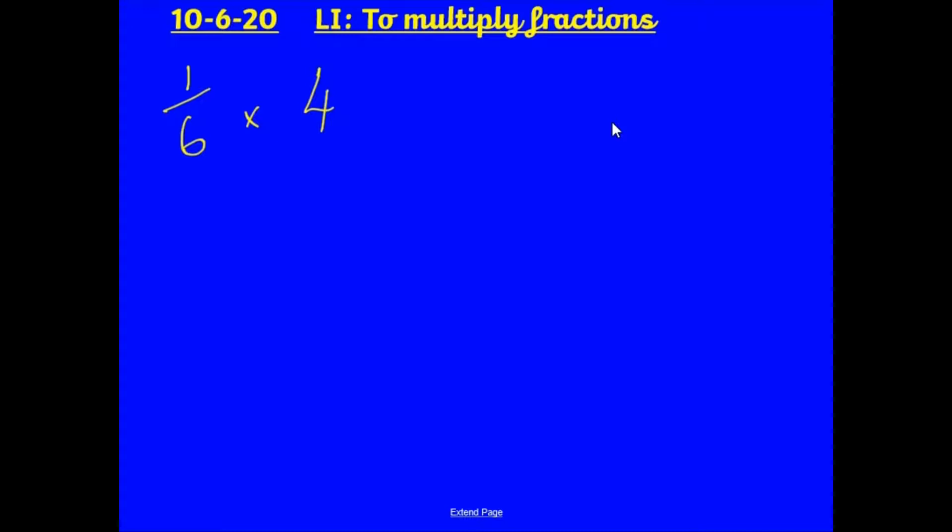Okay, well now let's look at something different. 1/6 times 4. Okay. Now, when you do this, think about it this way. 4 is the same as 4/1. Okay, so I can then just do 1 times 4 over 6 times 1.